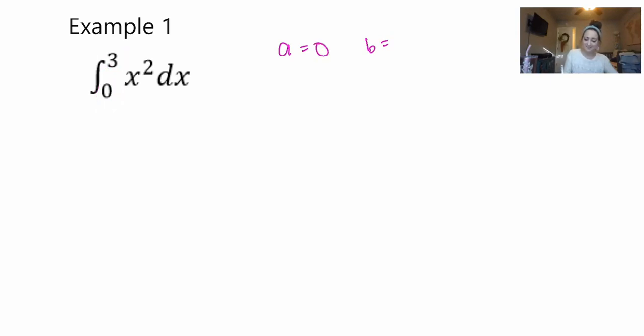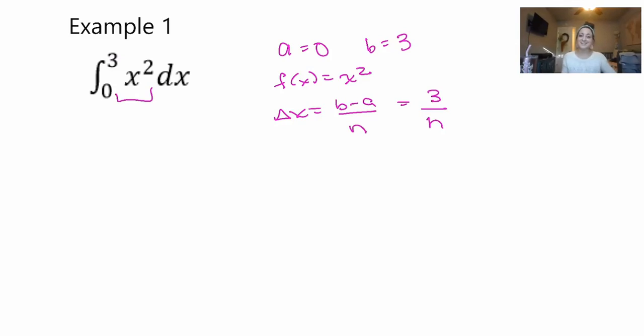B is 3. What is f of x? Right there, x squared, right? And then delta x, remember, is b minus a over n. So I would have 3 minus 0, which is 3 over n, okay? And that will be the width, the base of each rectangle.